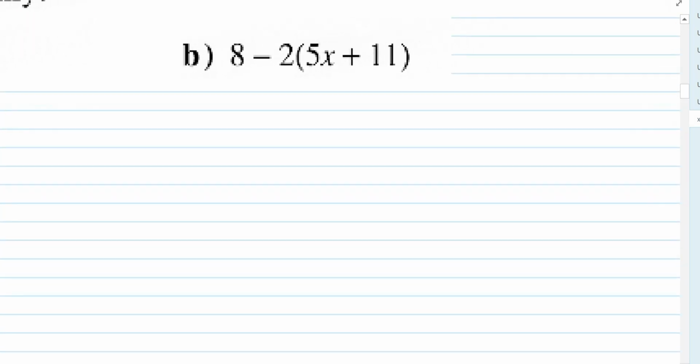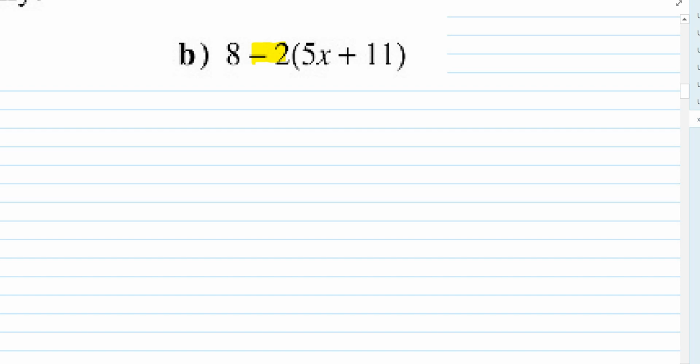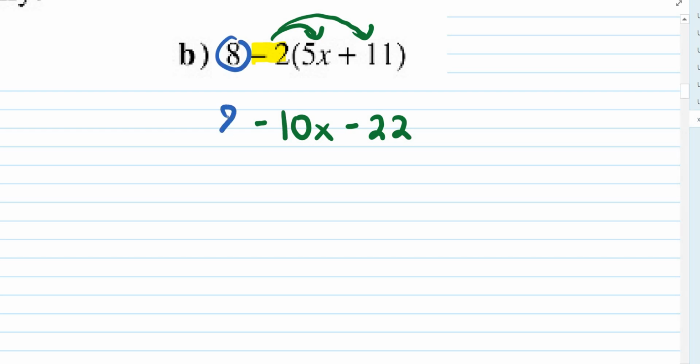Okay, moving on to letter B here. I would highlight the negative 2, and we're going to distribute the negative 2 into the brackets. So I get negative 10x, and negative 2 times 11 is going to be a negative 22. And then we have the 8 that's tagging along at the front here.